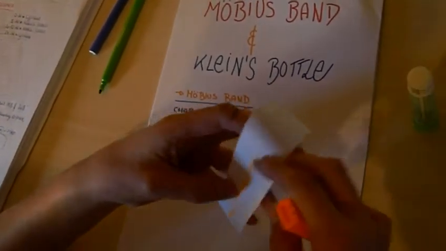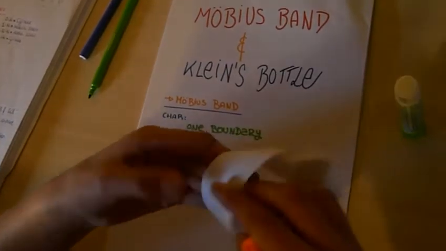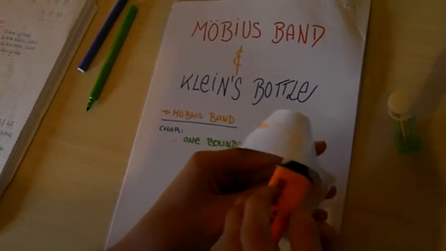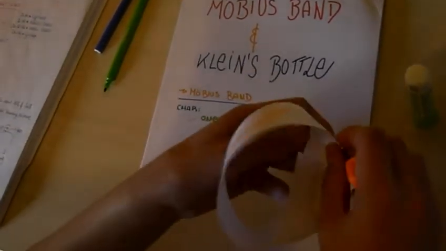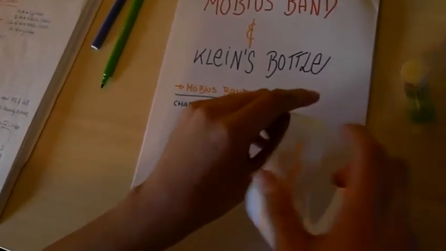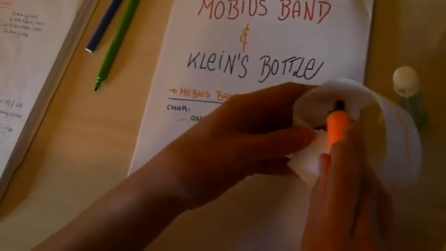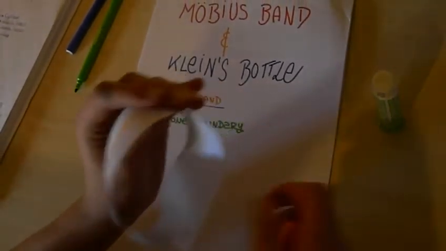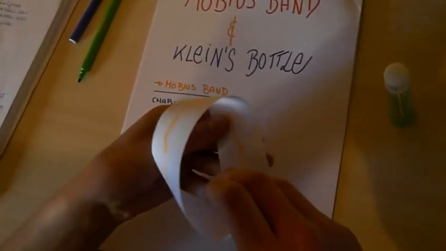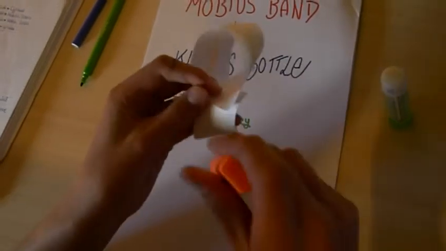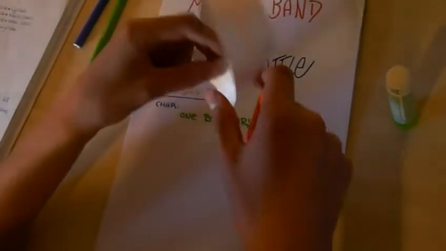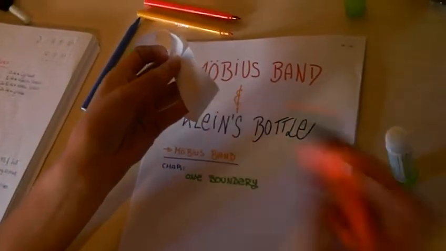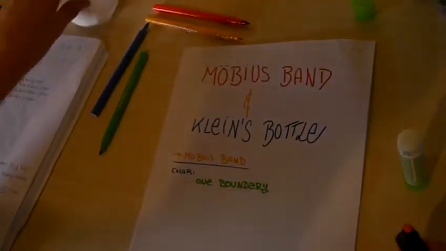I follow a line, and what you can see is that it has just passed to the other side of the start point, and it's going along all the band without crossing it. It has gone along all the strip, crossing only at the start point. This is a proof that it has only one boundary.